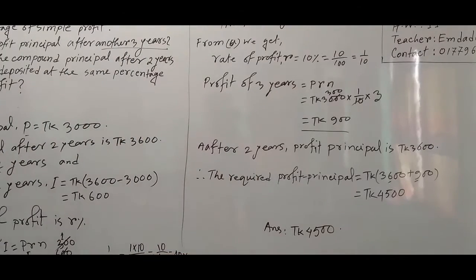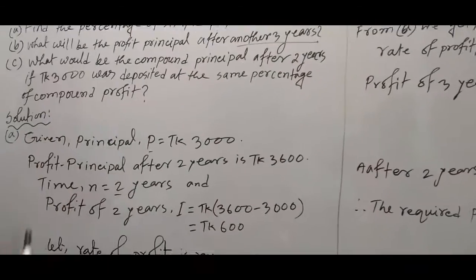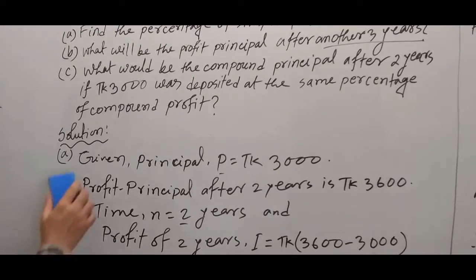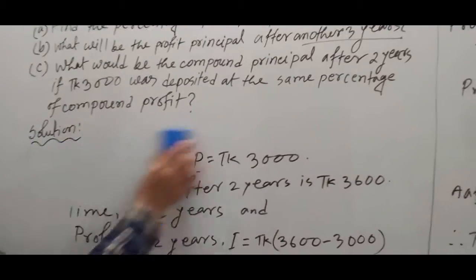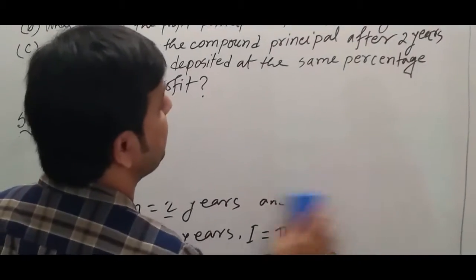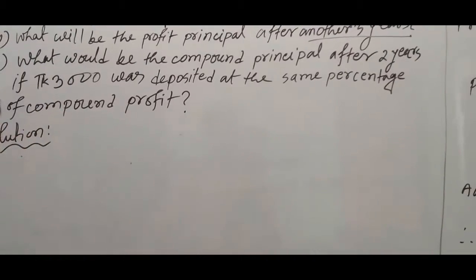What is our question C? The students, question C is, what would be the compound principal after 2 years if taka 3000 was deposited at the same percentage of compound profit?